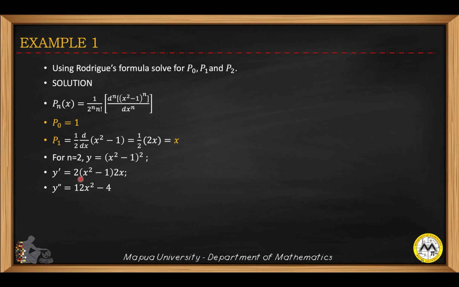For the second derivative, the derivative of 4x cubed is 12x squared, and the derivative of minus 4x is minus 4. Using the Rodrigues' formula, when n is 2, we have 2 squared, which is 4, times 2 factorial, which is 2, so we have 1 over 8. Then the second derivative is 12x squared minus 4. We substitute and simplify, and we get 3 halves x squared minus 1 half.